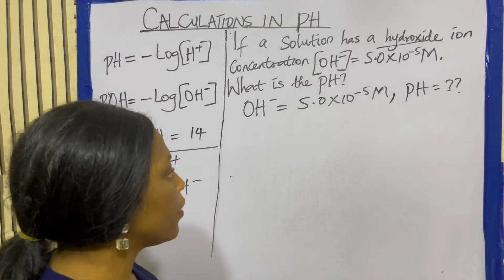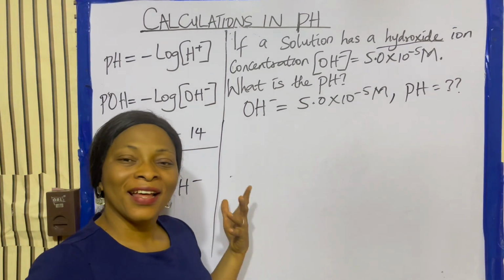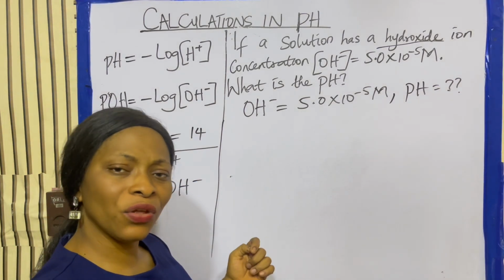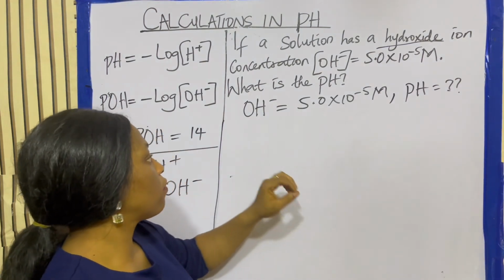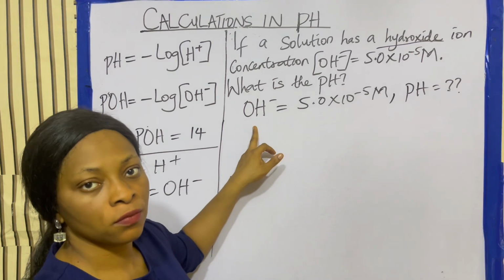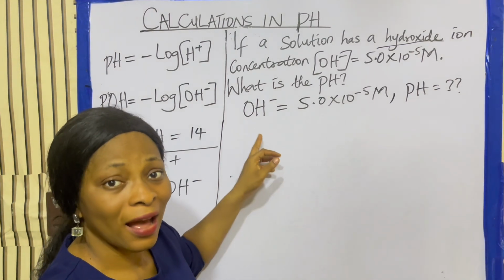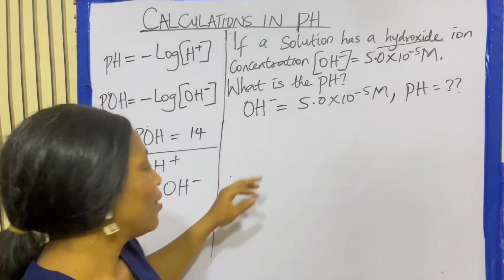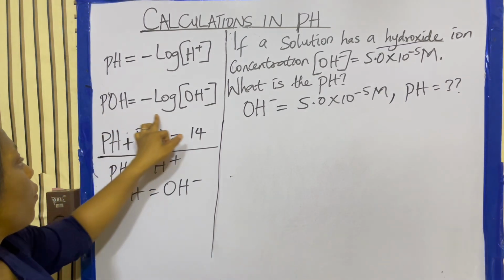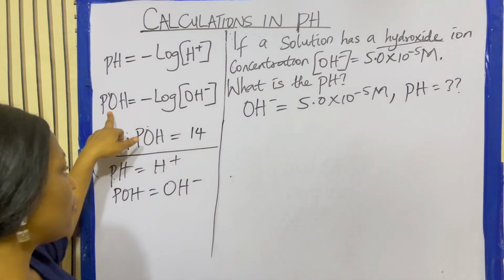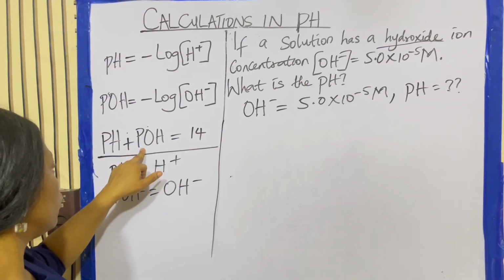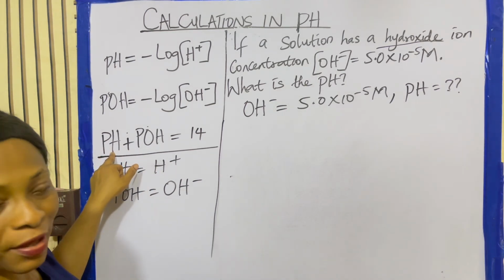Now looking at this question, for us to get our pH, we have to first of all find the pOH of this hydroxide ion. Are we together? We are going to use this formula to find the pOH, and afterwards we are going to input our pOH here to find the pH.